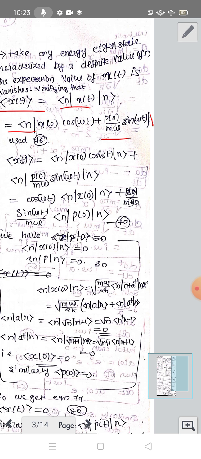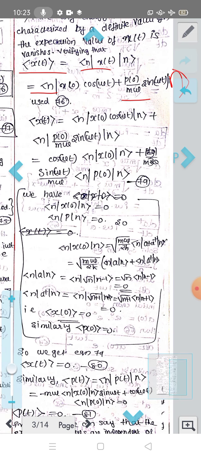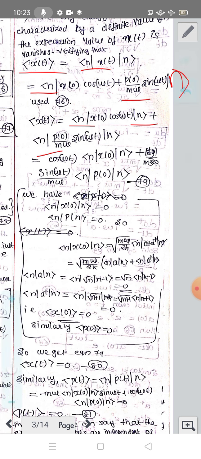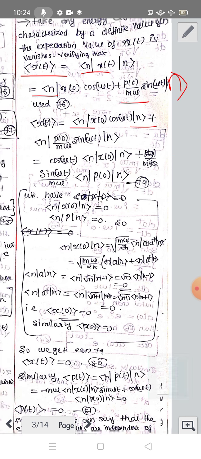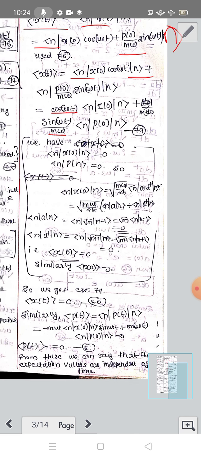So the expectation value of x of t is equal to bra n x of 0 cos omega t ket n plus bra n p of 0 by m omega sin omega t ket n. Taking cos omega t outside, we get cos omega t bra n x of 0 ket n plus sin omega t by m omega bra n p of 0 ket n. Put it as equation number 79.